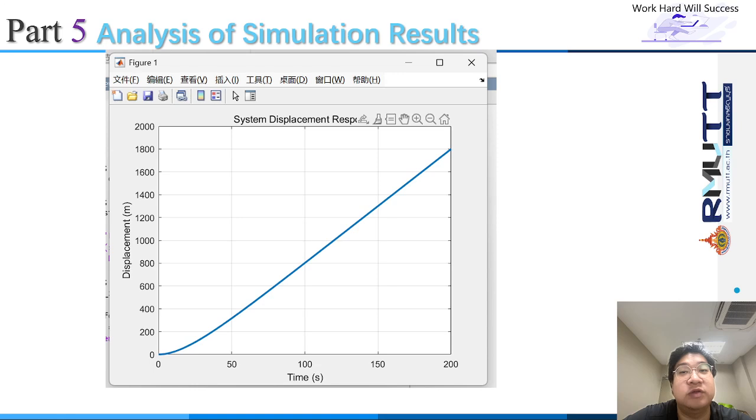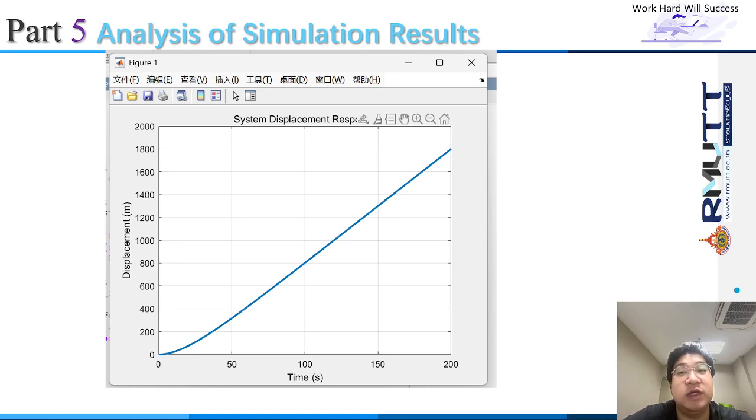And next, we can look at the simulation result in MATLAB. First, consider the velocity response curve. From the curve, we can see that the velocity shows a moderately increasing trend as time goes by.